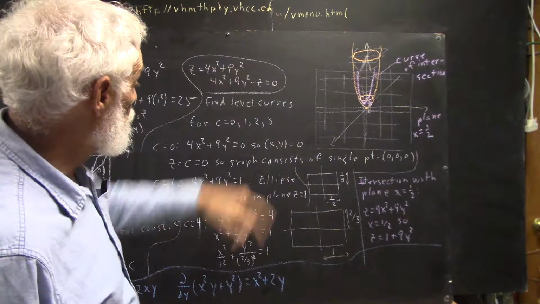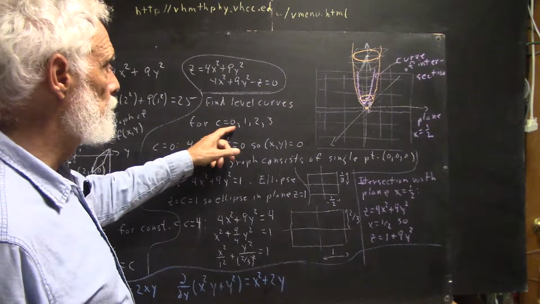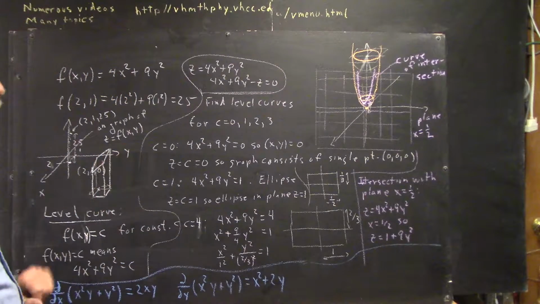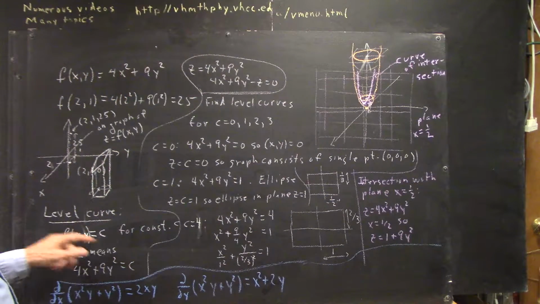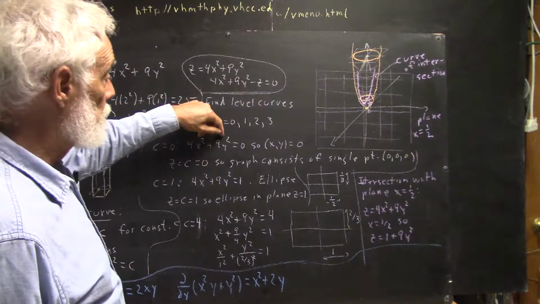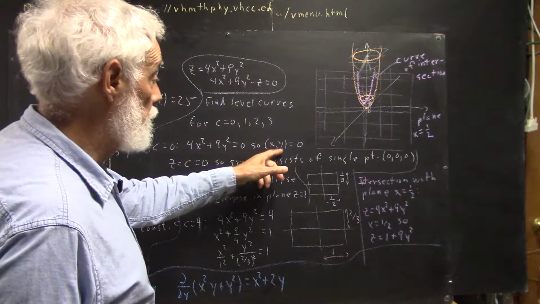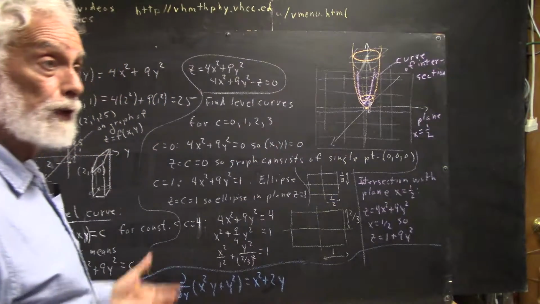Okay, so to find the level curves for, let's say, just c equals 0, 1, 2, 3. Well, if c equals 0, then our level curve is 4x squared plus 9y squared equals 0. And the only solution to that is for x and y to both equal 0.